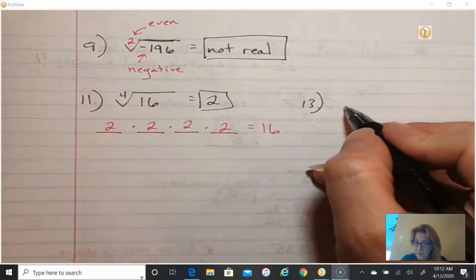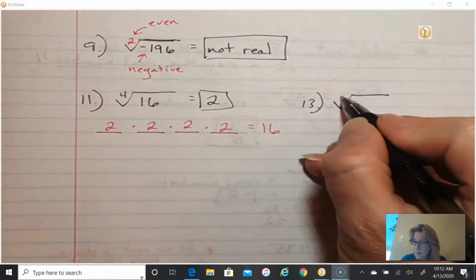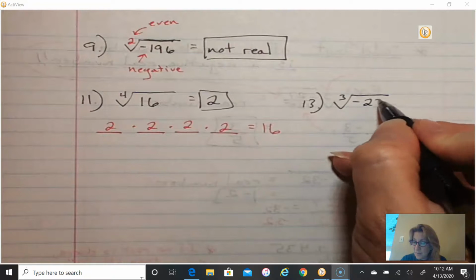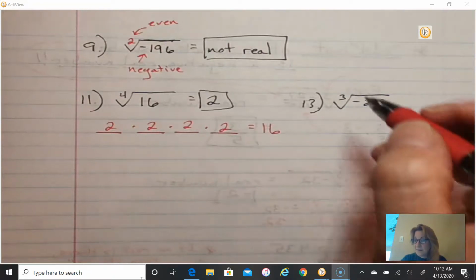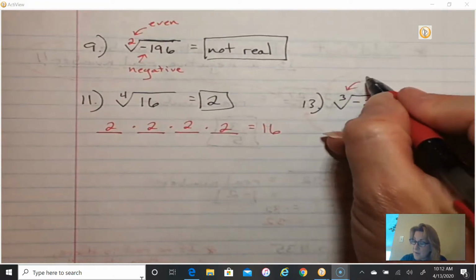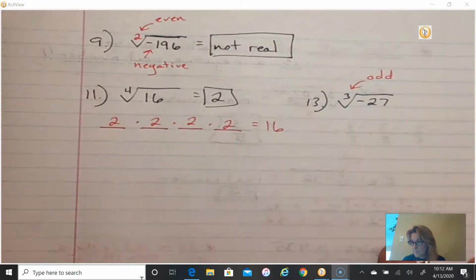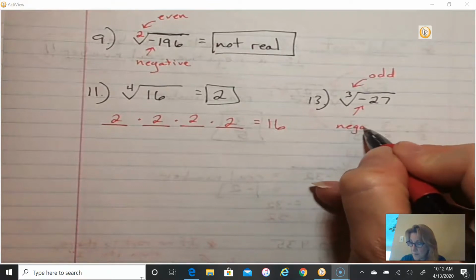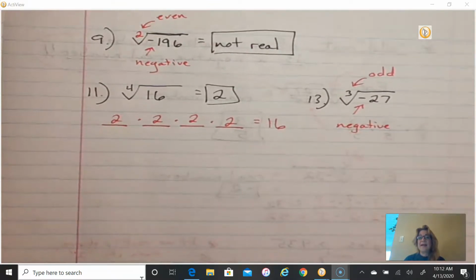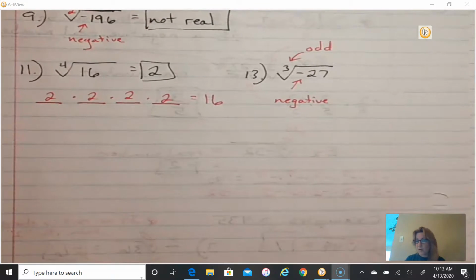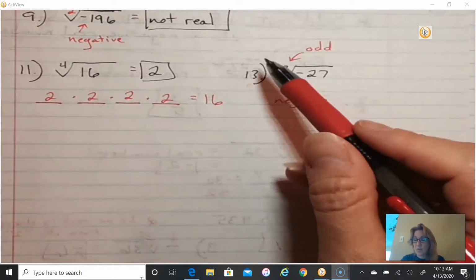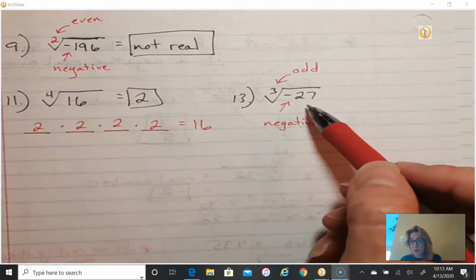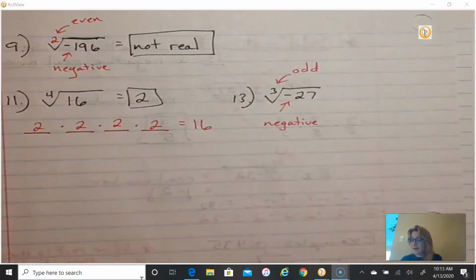All right, 13. The root is 3, and the radicand is a negative 27. All right, guys, this time it's an odd root with a negative. It can work. It is a real number because it's an odd root, where this right here was an even root. So an odd root will work with a negative radicand.